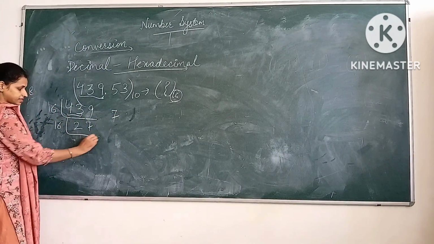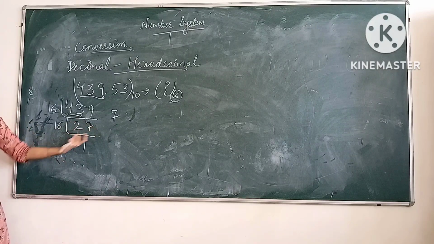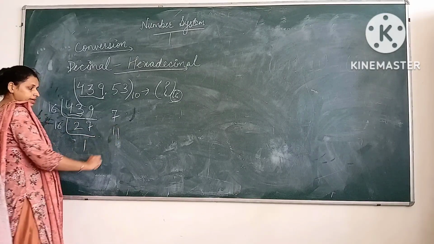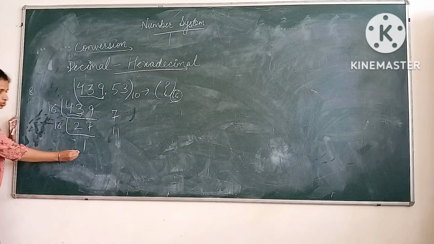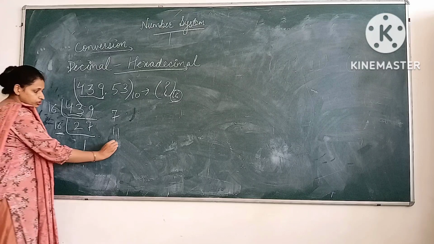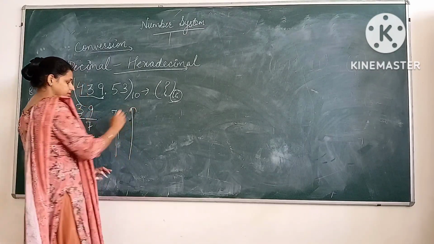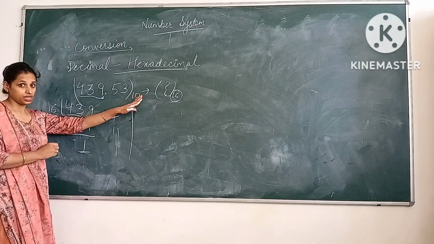Again divide by 16. 16 ones are 16. Remainder 11. Now this one is less than 16, so we can't divide it. So we have to use this for the answer. Now this answer is from bottom to top.